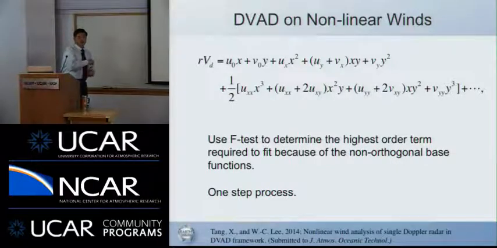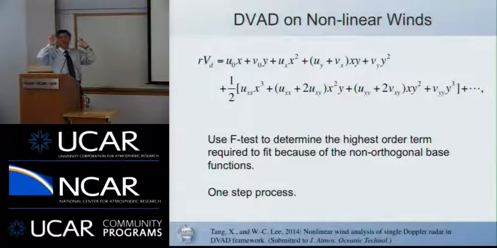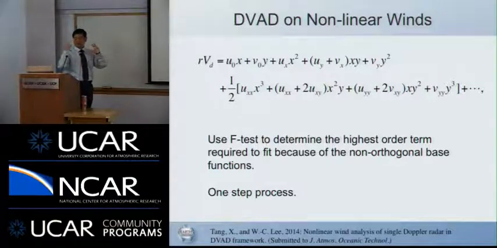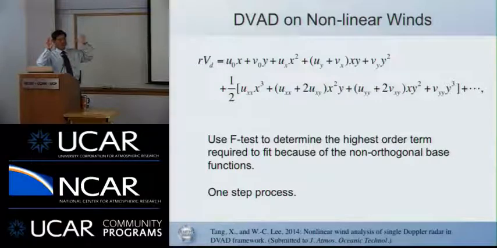Then you apply a simple wind model to constrain the problem and try to fit the physical model with your mathematical model, which is the polynomial expansion or the Fourier series expansion. If your assumption is close to what's actually happening in nature, you will get very good results. Okay, so this is the key of single Doppler wind retrieval. Your physical model has to be close to your mathematical model.